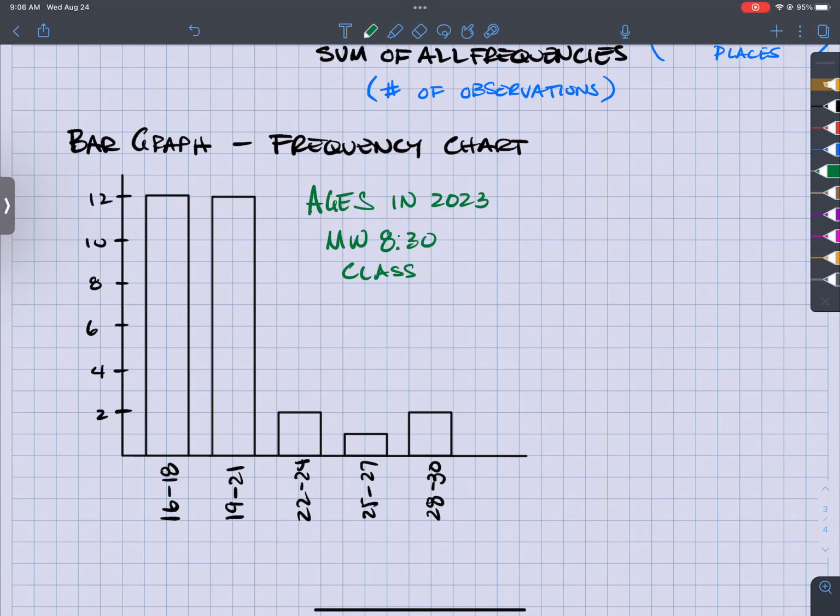Now, you could be asked to do a bar graph for the frequency, but you could also be asked to do a bar graph for the relative frequency. Okay.